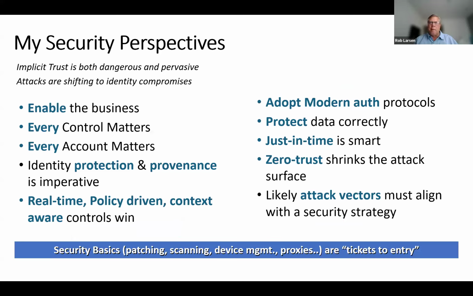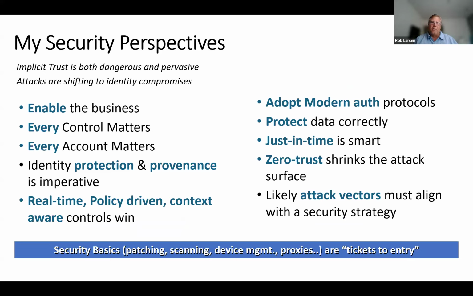Here are my ever-living security perspectives. I think there's some challenge. I think the implicit trust model is both dangerous and pervasive across all of our companies' networks and devices and users and apps. What I'm seeing and learning is that attacks are shifting to compromising identities.